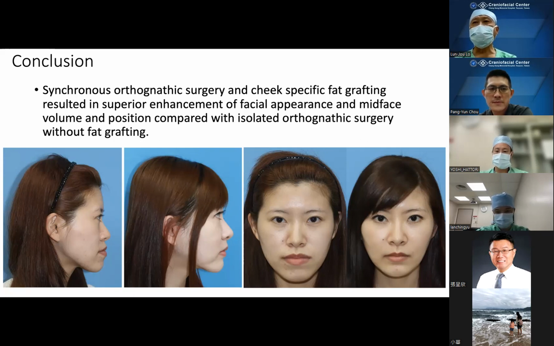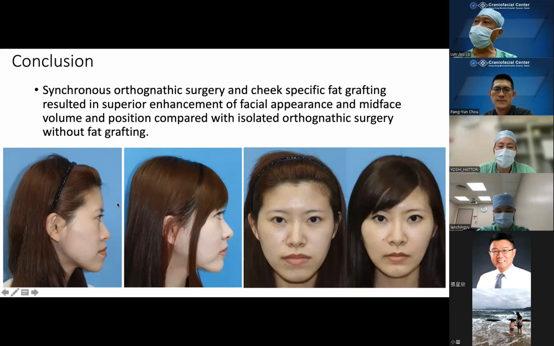So in that situation, I think a good solution is adequate clockwise rotation plus some fat injection to the mid-face. Changing the mid-face from concave to convex appearance is quite important for patients in this group.